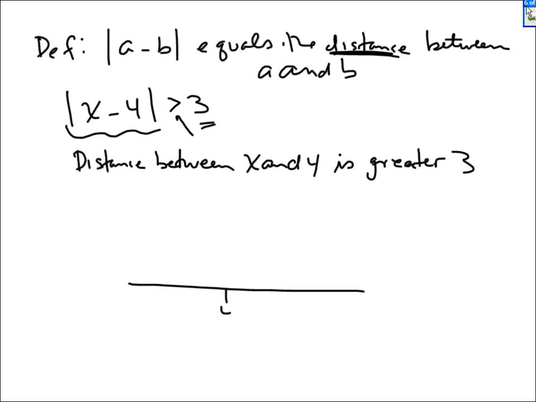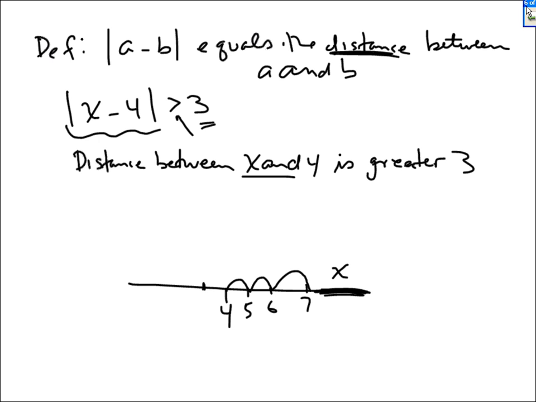Well, here is 4. Now, where can I put x? There are many, many places I can put x. But how do I decide? Well, the answer is real simple. If the distance between x and 4 is bigger than 3: 1, 2, 3. If I go bigger than 3, x can be here: 5, 6, 7.